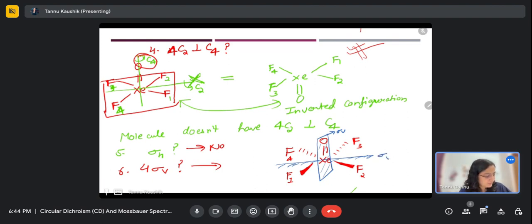So this is sigma V. Then we have 2 sigma V which are passing through these fluorine bonds. So here we have 4 sigma V in the molecule.